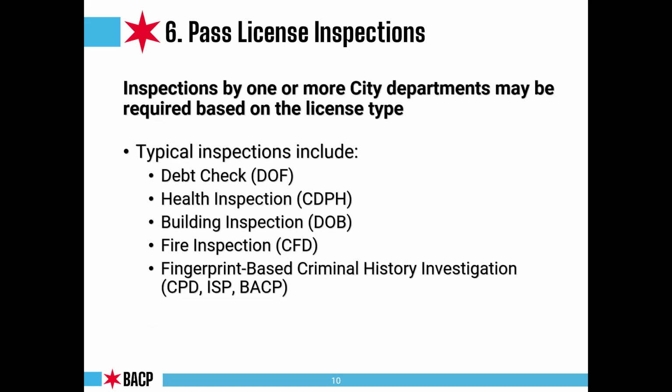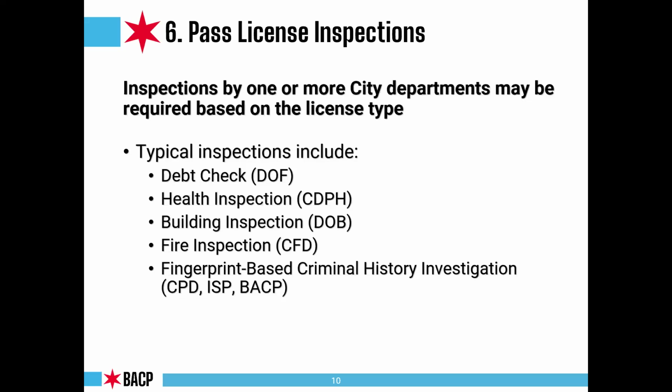An example of this is if you are just an office space, 10 out of 10 times you won't need a public health inspection because you're not doing anything with food. But if you are doing food, then 1,000%, you're going to need an inspection from the Department of Public Health.